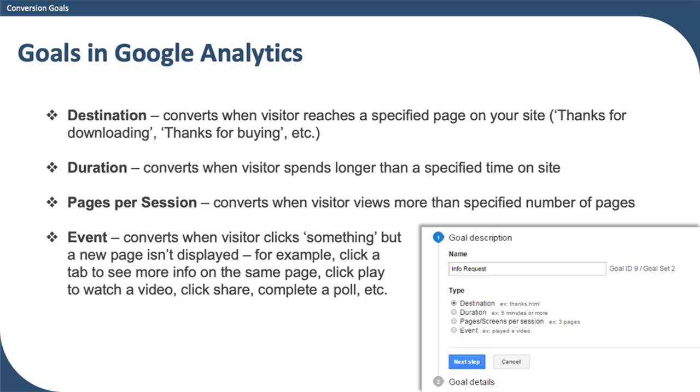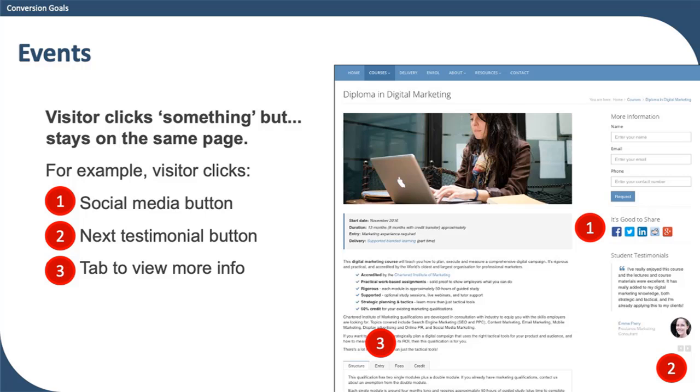So we'll take a closer look at events and the destination goal in a little more detail. Events can be assigned to individual page elements, such as buttons and tabs. And when the visitor clicks one of these elements, the event goal converts. Typically, these are micro goals that record engagement and help build the relationship with the visitor.